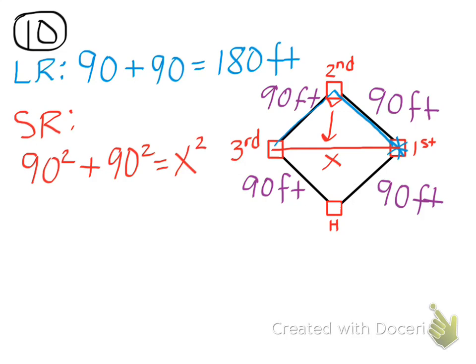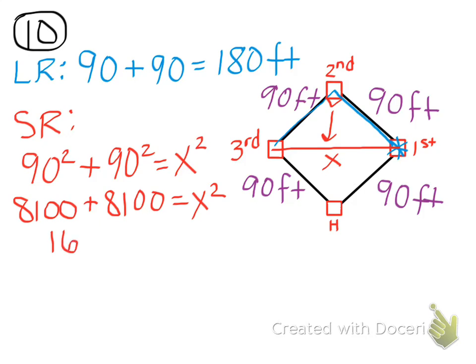Then 90 squared is 8,100, and we have two of those, and that's equal to x squared. And then we're going to add 8,100 plus 8,100, and we get 16,200, which is equal to x squared.